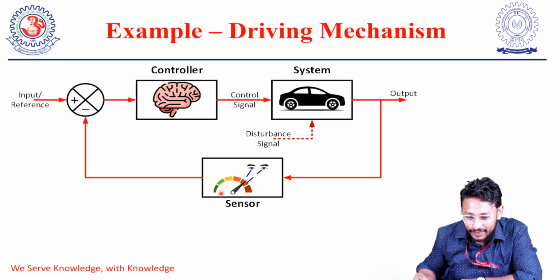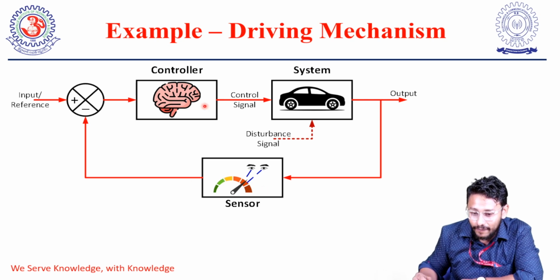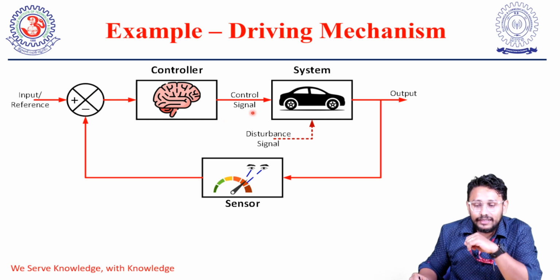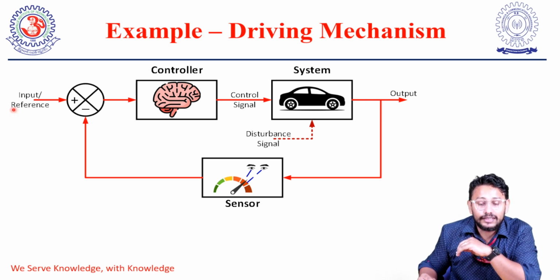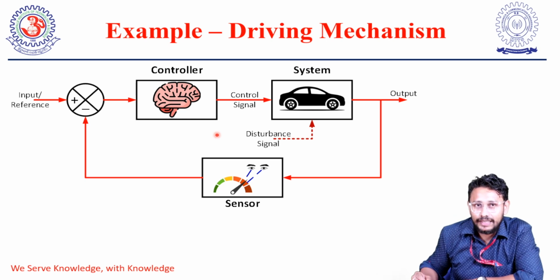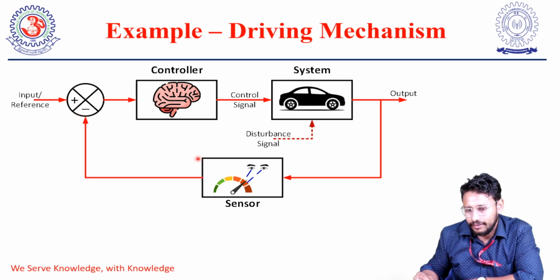Your brain senses it and thinks, no, there is a difference, the speed is lesser. So you press the pedal more and get the system moving. This process continues till you have attained the speed of 60 kilometers per hour, your reference. That's a very good example of a closed loop control system, which is a negative feedback system. We'll learn about negative and positive feedback in later sessions.